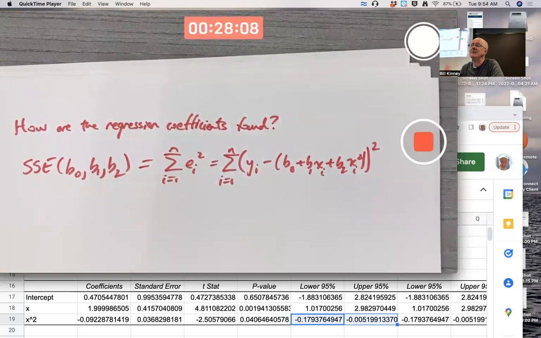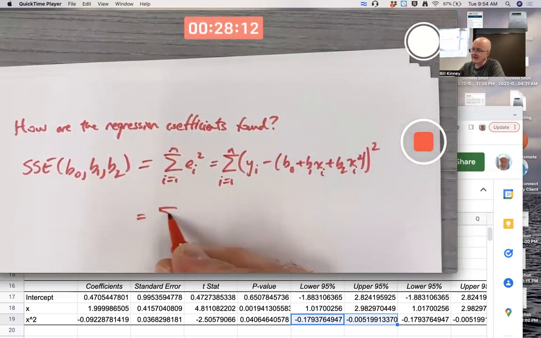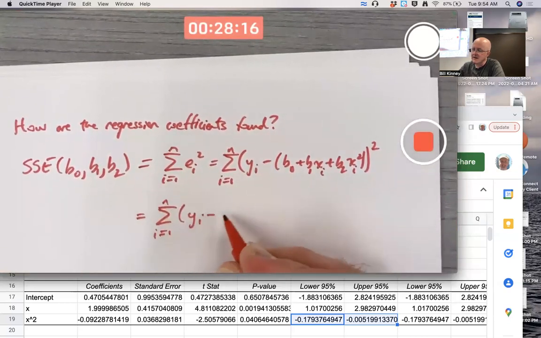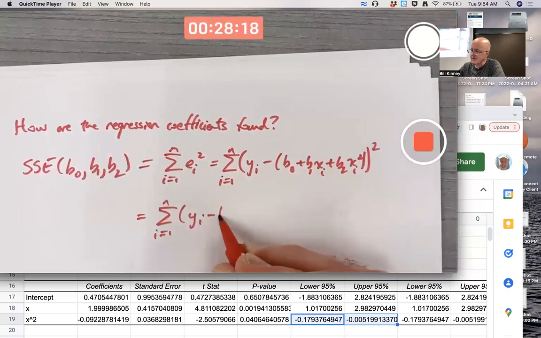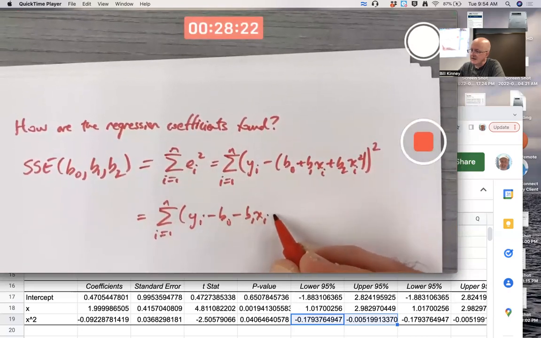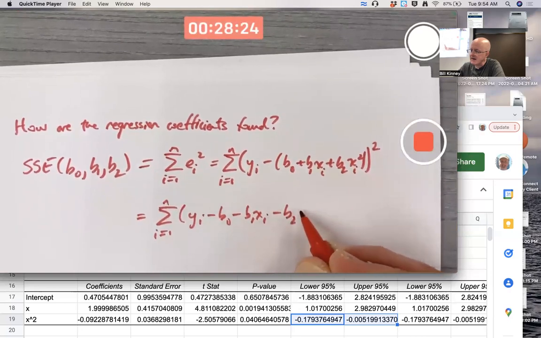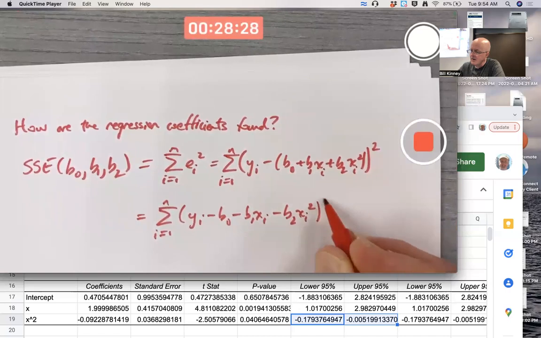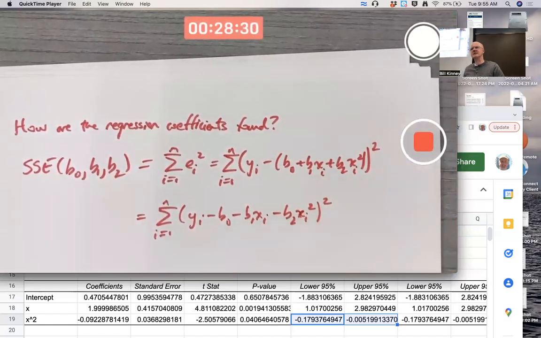I still need to use calculus. I still need to take partial derivatives. I can distribute the minus sign through here. Of these expressions, of this thing, with respect to what? The x's, the y's, or the b's?